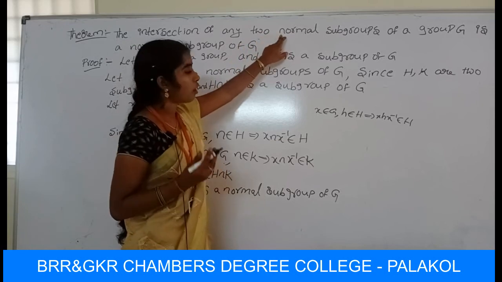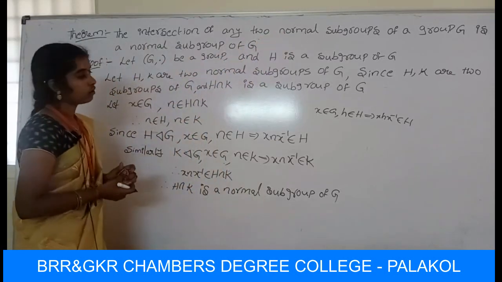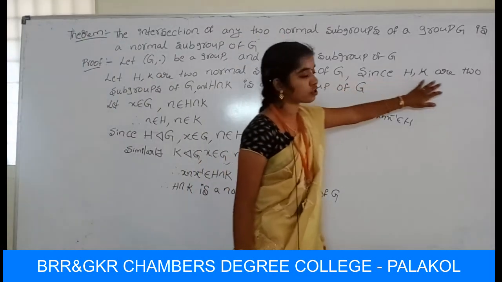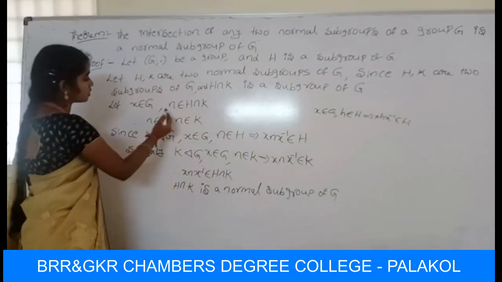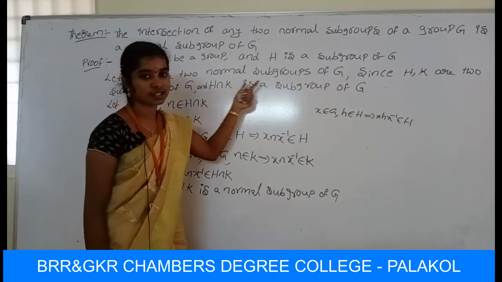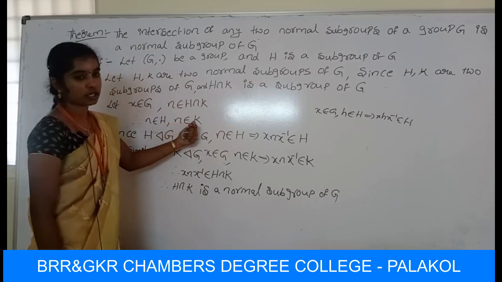Finally, you have to prove that H intersection K is a normal subgroup of Z. Already you know that H, K are two subgroups of Z. Consider an element x belongs to Z and n belongs to H intersection K, which is a subgroup of Z, so n belongs to H and n belongs to K.